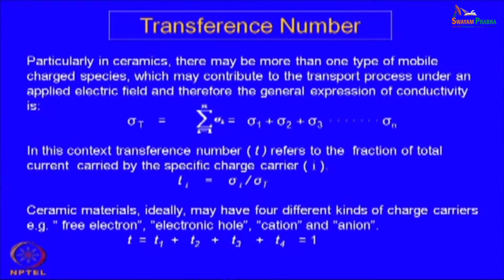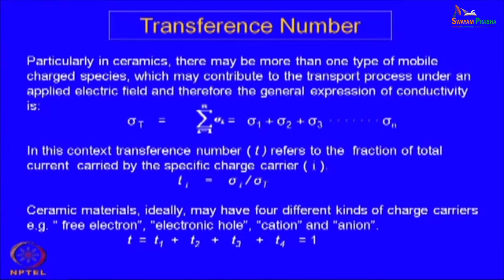Basically, we are talking about a movement of charge in different forms, and there may be more than one charge carrier, in which case the movement of the charge gives rise to the current. So, if there are more than one charge carriers, all of them will contribute to the current, or they will carry part of the total current, and they will correspondingly give rise to certain conductivities.